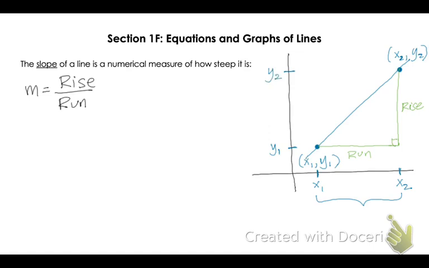Those are the y coordinates. If you think of the y-axis as a ruler, the rise is just the distance between those two tick marks. If I want to figure out the distance on the x-axis between two coordinates, I can just subtract them. If this was going from x equals 2 to x equals 5, that'd be a distance of 3. We're just subtracting the bigger number minus the smaller number. Likewise, on the y-axis, bigger number minus smaller number.